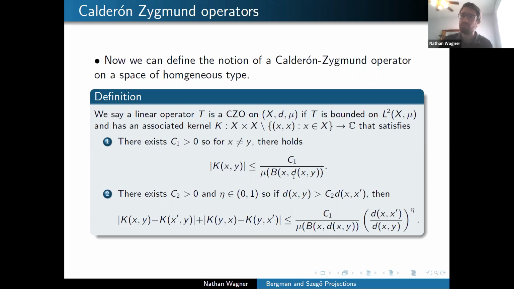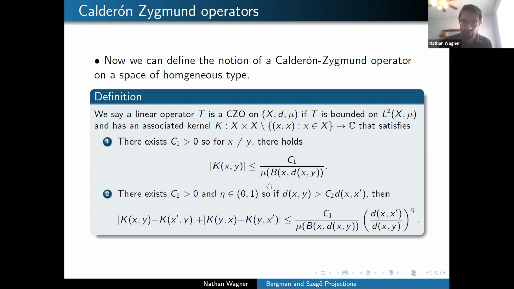If you think about the Hilbert transform, does this make sense for the Hilbert transform? Well, it does, because the modulus of the Hilbert kernel would be like 1 over the modulus of x minus y, and the modulus of x minus y is like the measure of a ball. In 1D, a ball would just be an interval, and we're looking at Lebesgue measure.